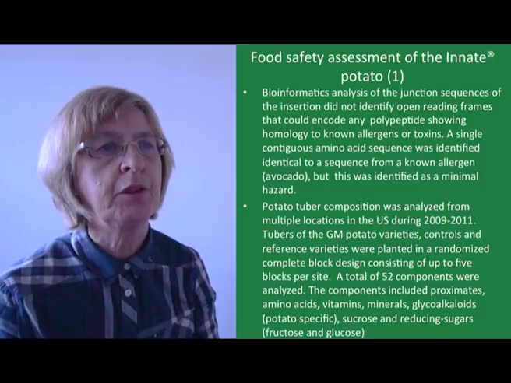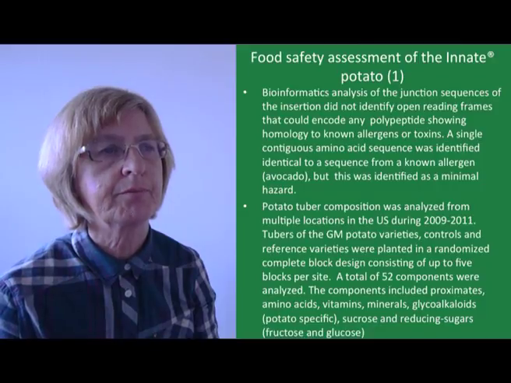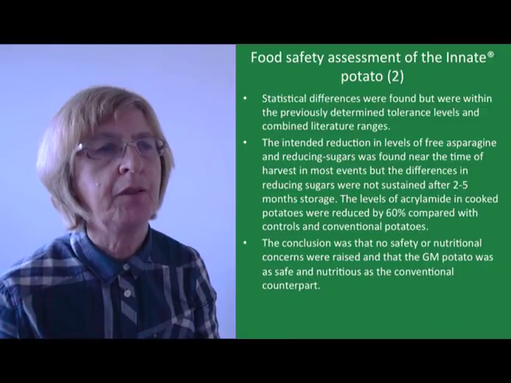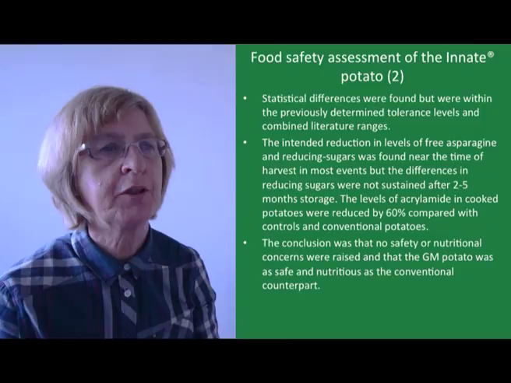The components included proximates, amino acids, vitamins, minerals, glycoalkaloids, sucrose, and reducing sugars. Statistical differences were found, but they were within the previously determined tolerance levels and published ranges in the literature.